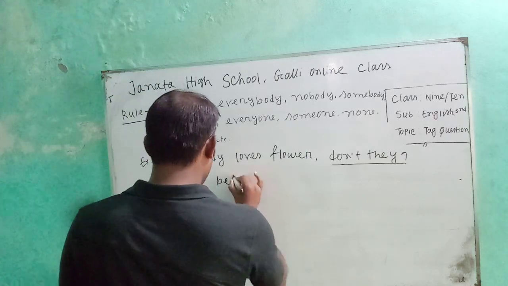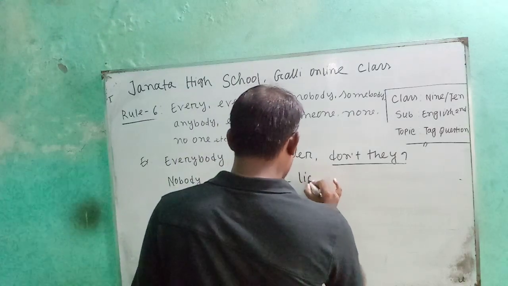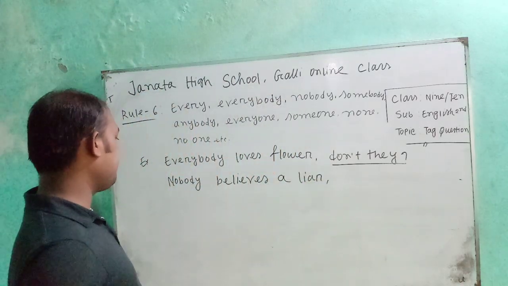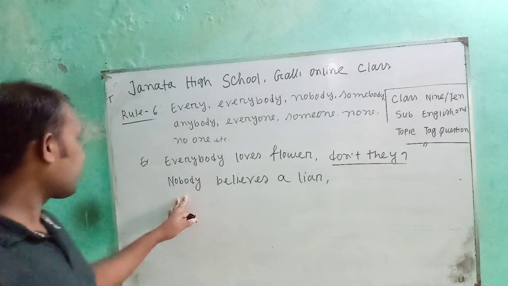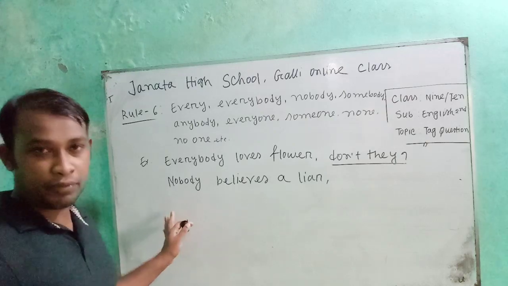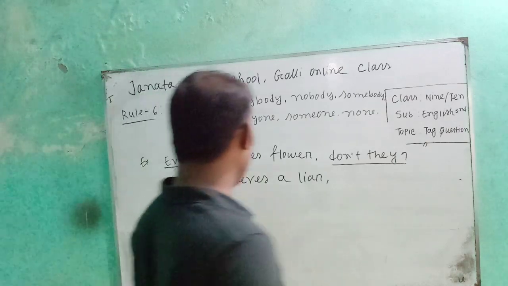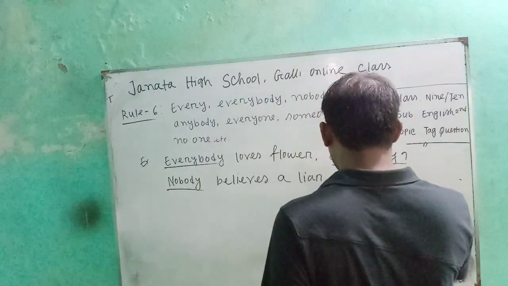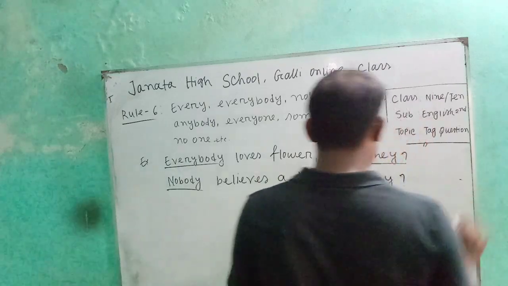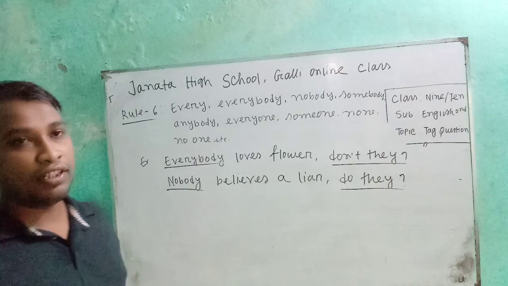Nobody believes a liar. Nobody. We have got nobody as subject, so we have to use they. Present form. Do they? As the sentence is negative, so we have to use it affirmative.